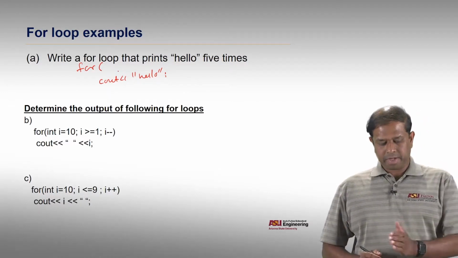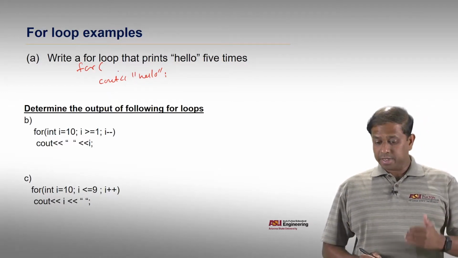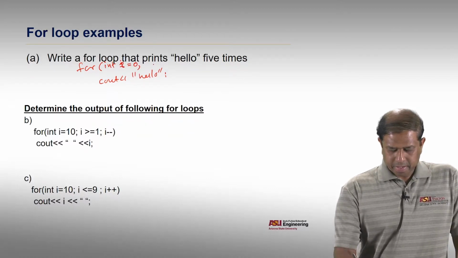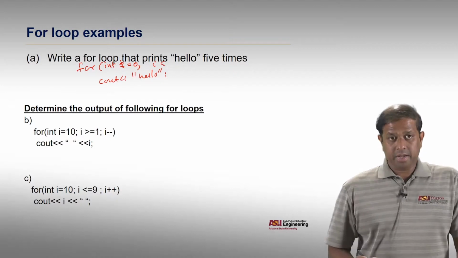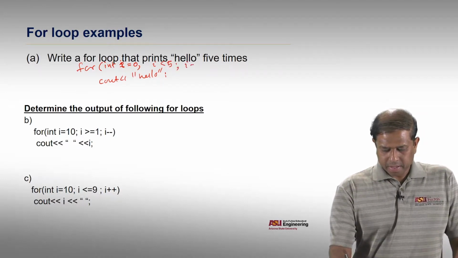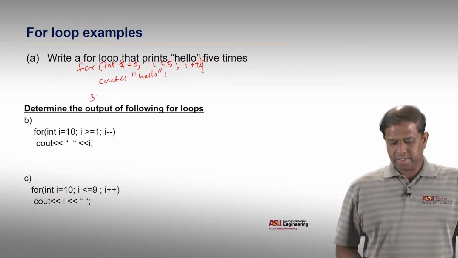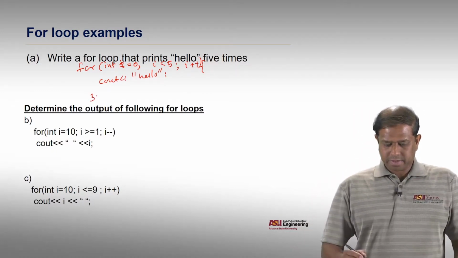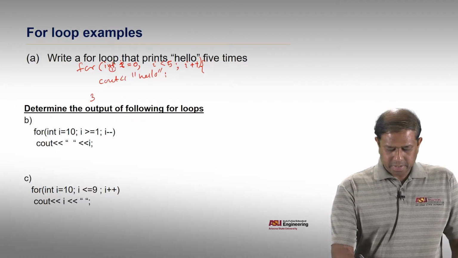In the for loop, we know that we have the initial statement that initializes the counter. In this case, I'm going to use the counter i. So i equals 0, and then I need to go until 4. So i less than 5, i plus plus. Then we can go ahead and repeat this 5 times over and over again, right? Now when we execute this, we start with this statement to begin with.